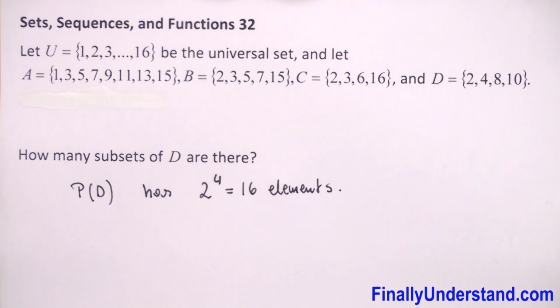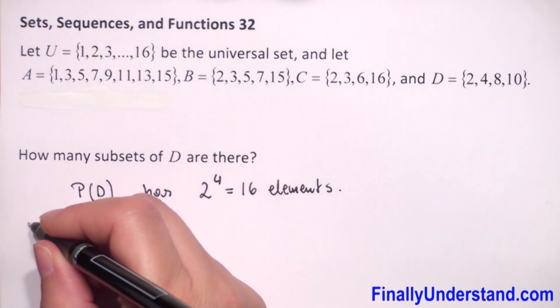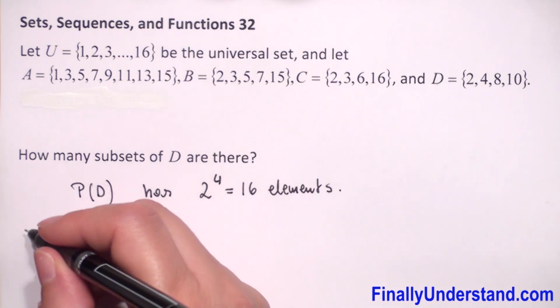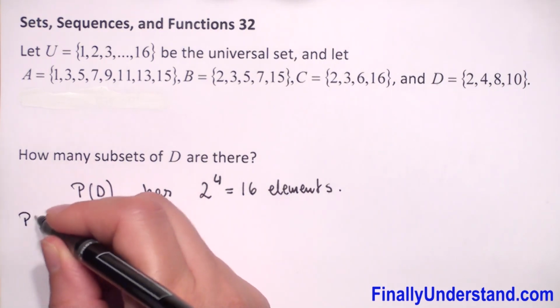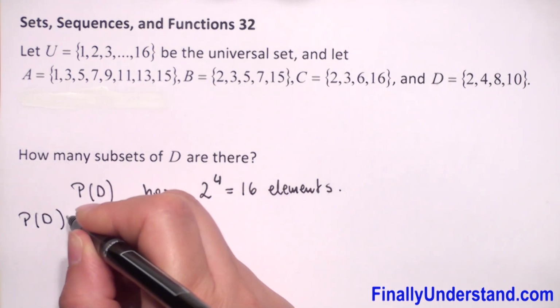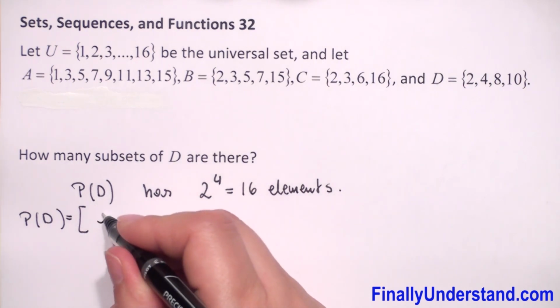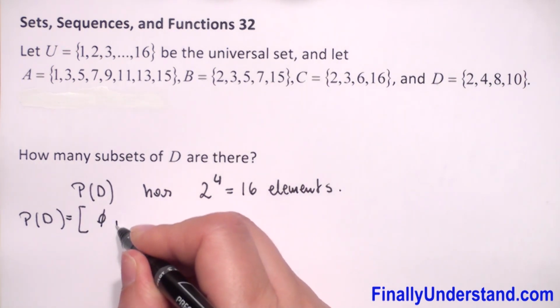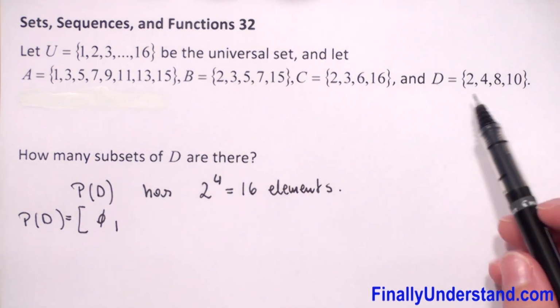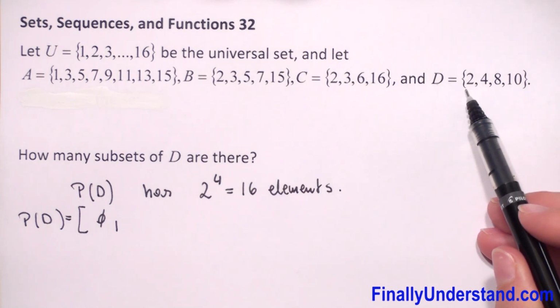So now let's write these 16 elements. So we will have that P of D is, and in brackets, first we can always put the empty set, this is the empty set.